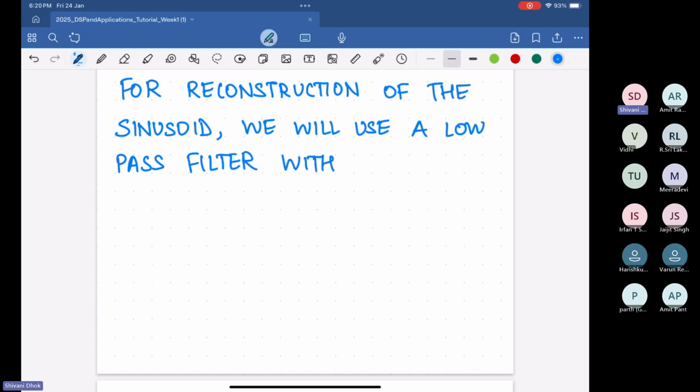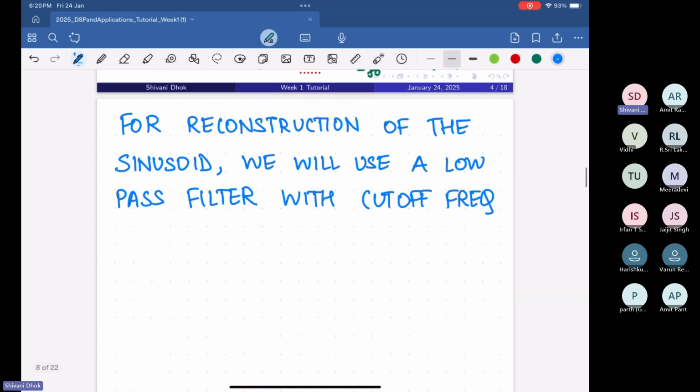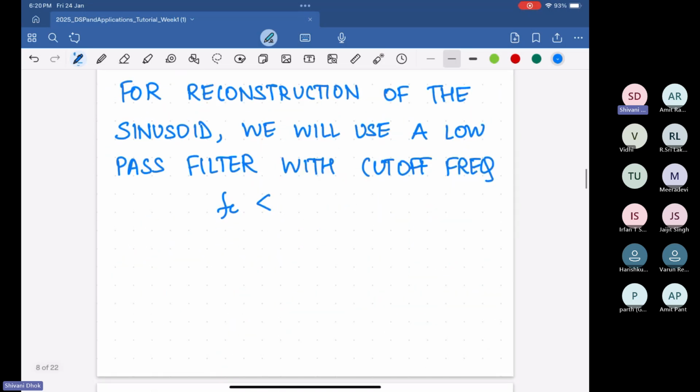With cutoff frequency, what is this cutoff frequency? This particular frequency that is available here, this Fc. So this frequency Fc, which is less than your Fs minus F naught, but greater than F naught. So from these two things, what we get is my Fs should be greater than 2 times F naught.